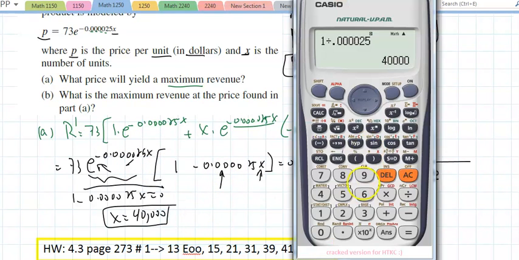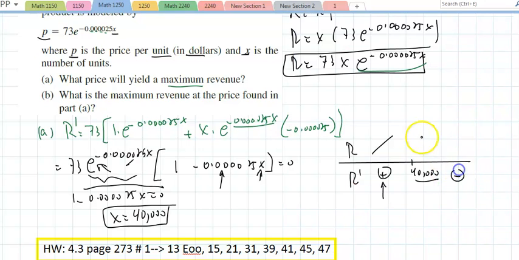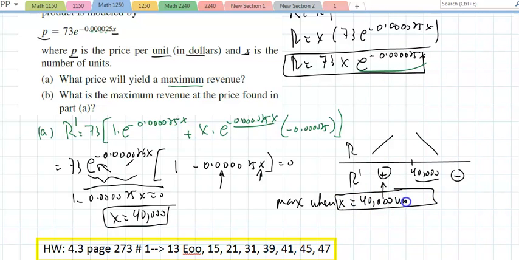If I take 1 minus 0.000025 times 45,000, for example, a point to the right of 40,000, I'll get a negative. That's all I care about. So we have a maximum when x is 40,000 units. That's part A.